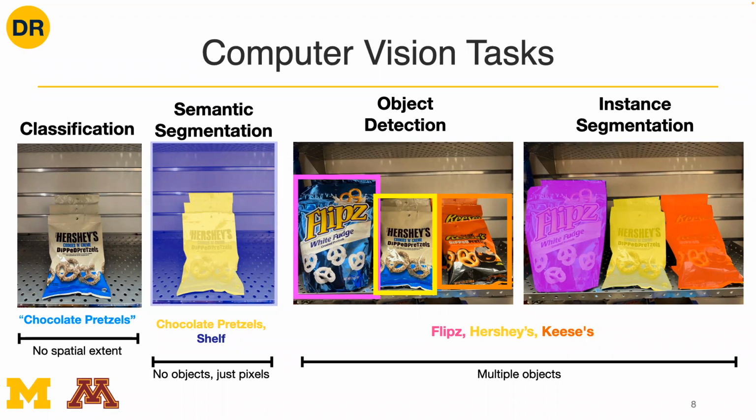The other computer vision task that is quite popular, especially in the context of robotics, is object detection. So here you have multiple objects, and the idea is to be able to draw the bounding box, which is to localize where a particular notion of object is. For instance, there are 3 different objects here, so 3 different bounding boxes. And then for each of these bounding boxes, you want to have a label that is associated that says, okay, this particular bounding box is one of the pretzels.